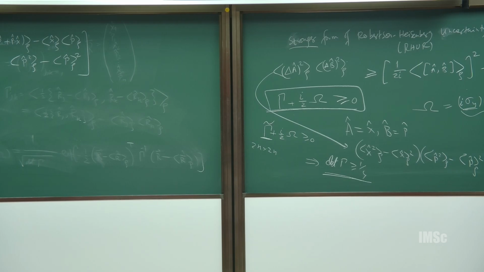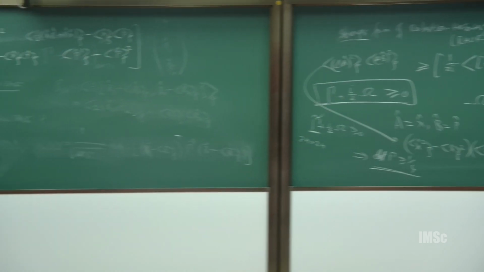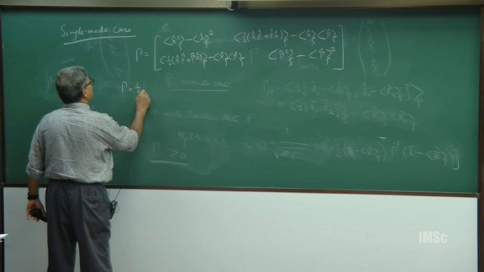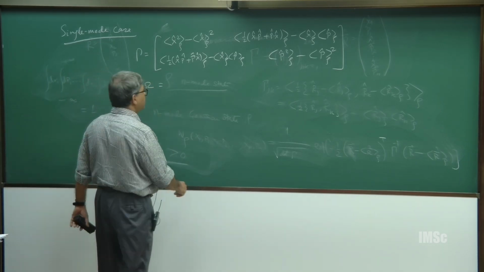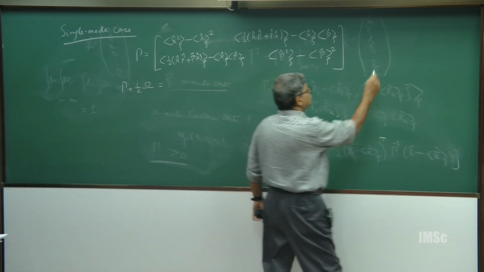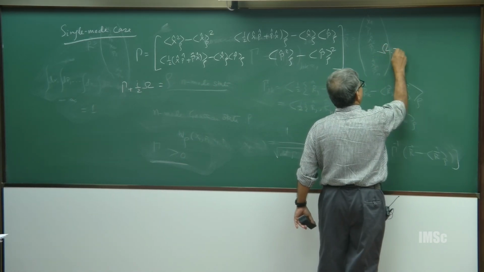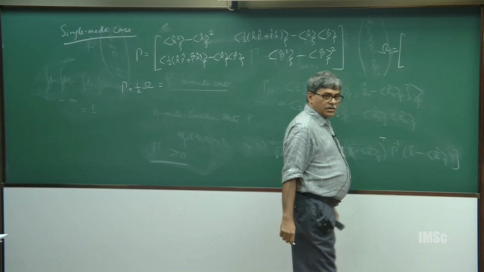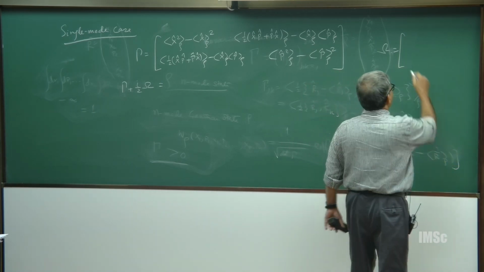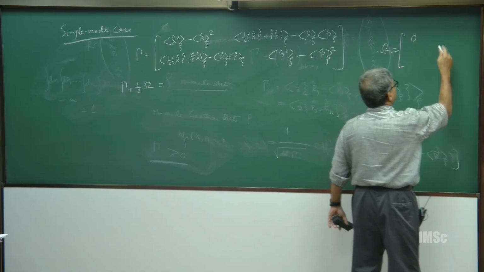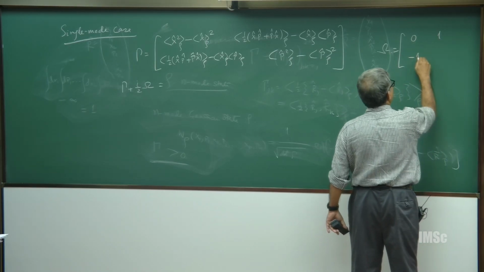So, now let us take this gamma, and let us take 1 by iota omega. What is your omega here? Remember omega is again a 2 by 2 matrix for this case. This is 0, this is 1, this is minus 1, this is 0.